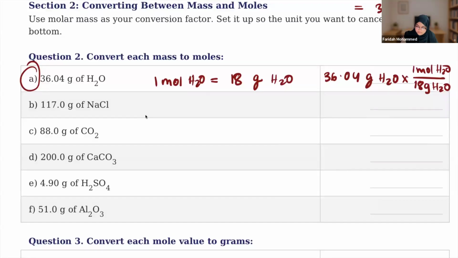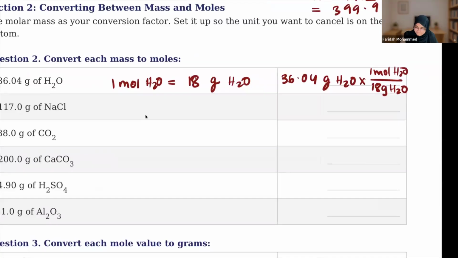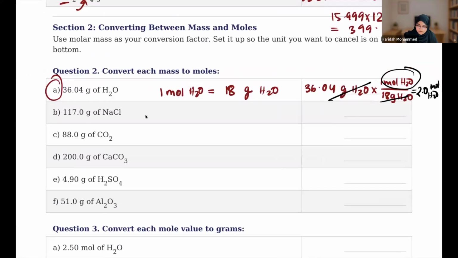And then you cancel out the grams of H2O. Very good. And then 36.04 times 1 over 18, which is around 2.0 moles of water, right? 2.0. Very, very good. Okay, good job.